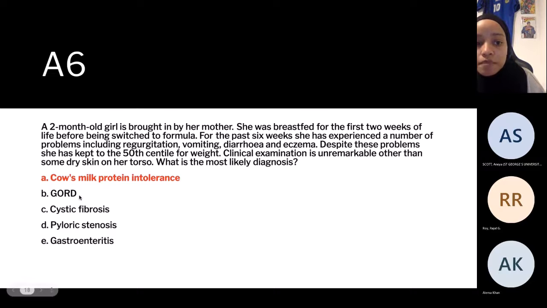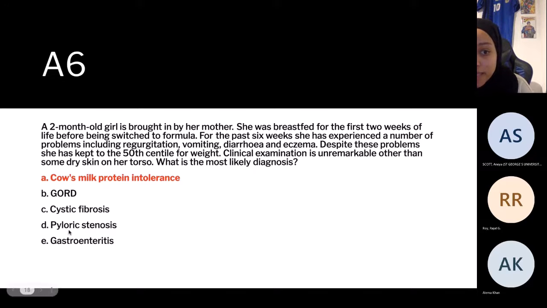Although you could also say that it could be GORD as well, because she's had the eczema and the diarrhea, and also there's been that change from breastfed milk to formula, it points more towards cow's milk intolerance.